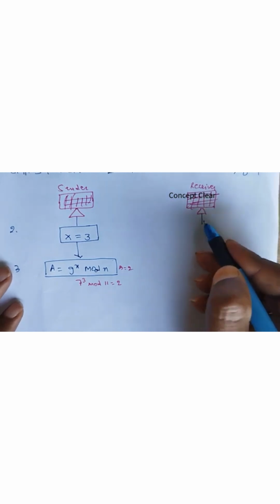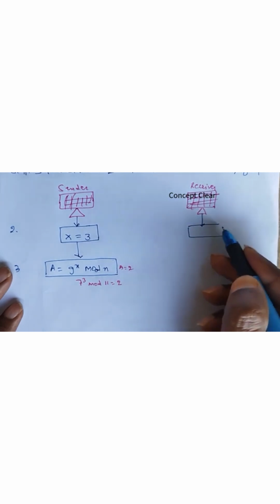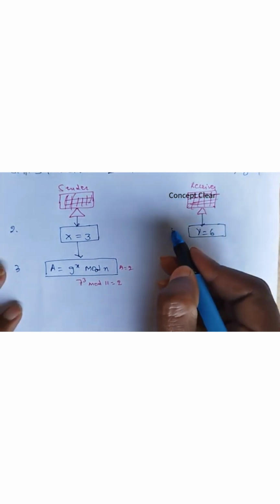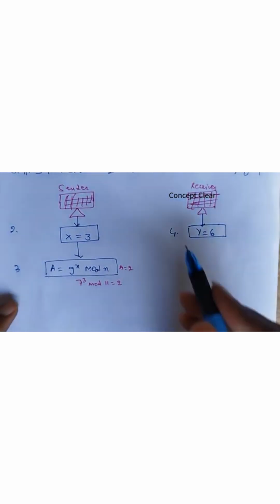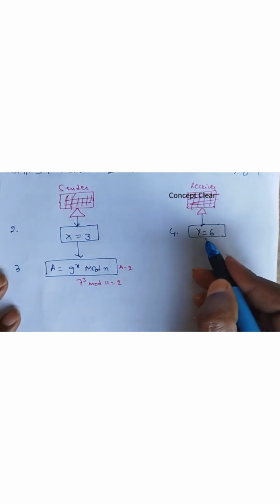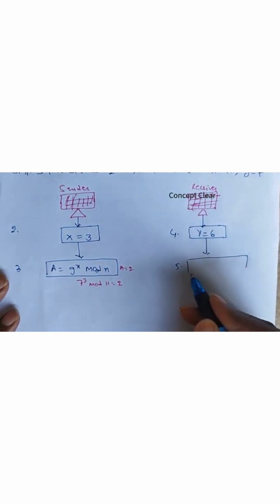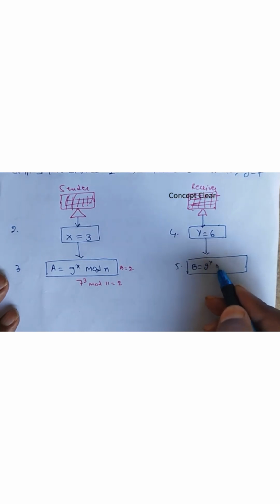And what about the fourth step? The receiver chooses another random number y equals 6. This is the fourth step. In the fifth step, he will calculate the b value. b equals g power y mod n.